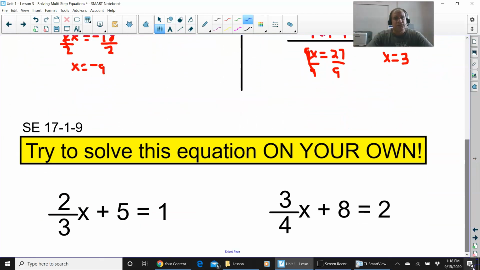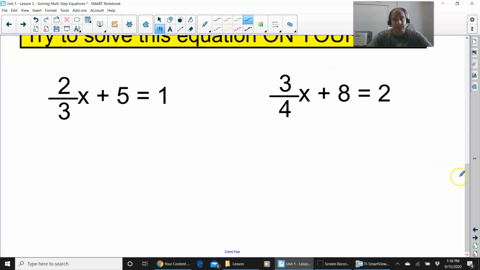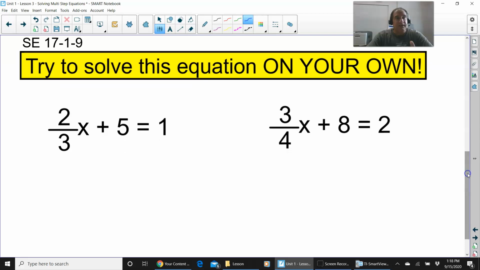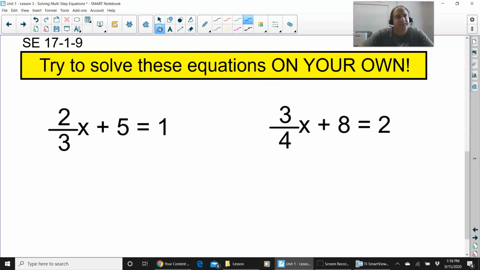So it says try to solve this equation on your own, but there's 2 of them. So it should say these equations on your own. Alrighty, so I'm going to do this one on the left-hand side of your screen. I'm going to do that one with you, and then you can take the one on the right-hand side of the screen. So obviously, everybody freaks out when they see fractions.